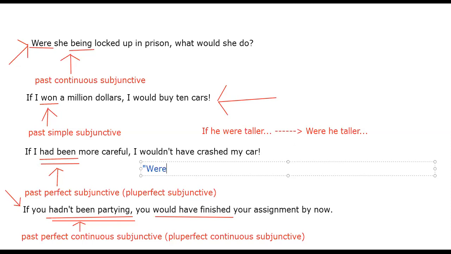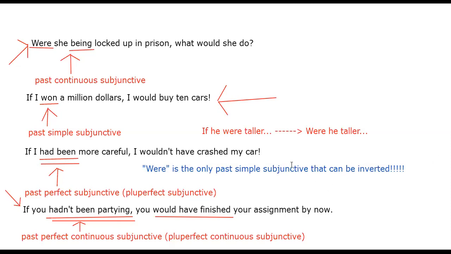We had more distinct forms back then in history, but over time they all just faded away, and now most of our forms look just like the indicative. So "were" is the only past simple subjunctive that can be inverted. So remember that. So you can't invert every other past simple subjunctive. Only "were" can be inverted. But I think that's all I can say about the past subjunctive.